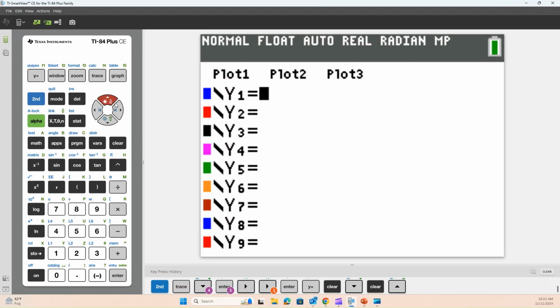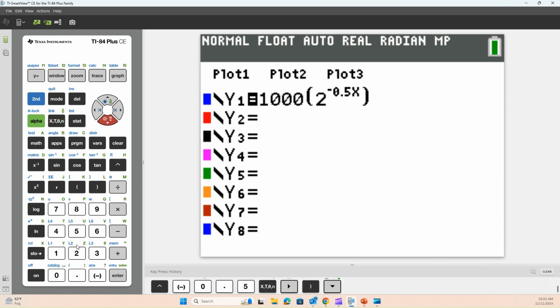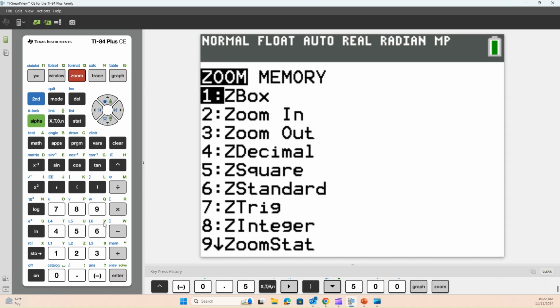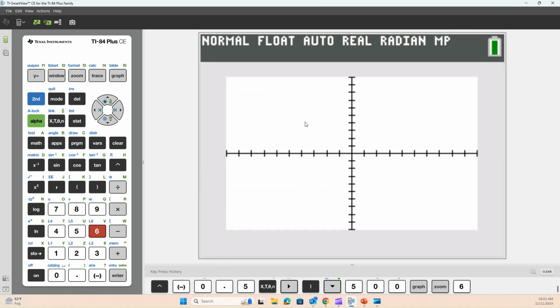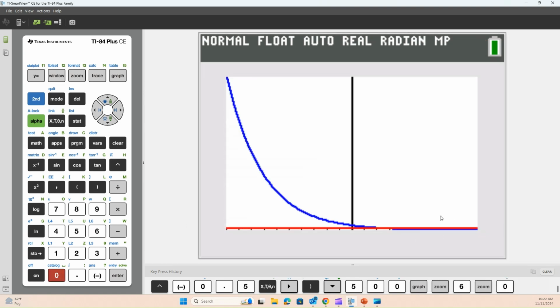I clear out everything in my y1 and type 1,000 times 2 raised to the negative 0.5x, and then in my y2, I type 500. I can graph that, and we should be able to see some kind of intersection point. You can try zoom standard, but that is probably not going to show you very much. You can then zoom fit, which gives you a better view to see where they intersect.